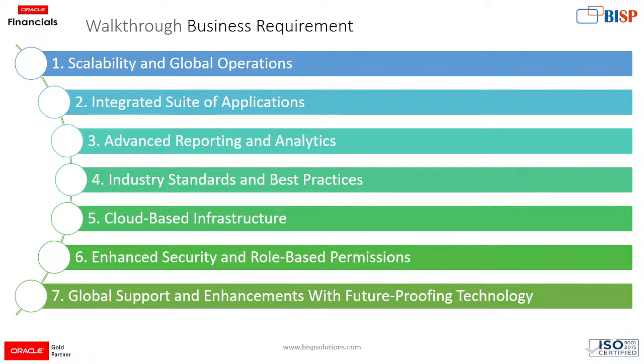That kind of high level of data security is there that you can rely on. And the integration of the application: Oracle Fusion is a powerful software solution that provides a wide range of applications to help the business manage their operations.